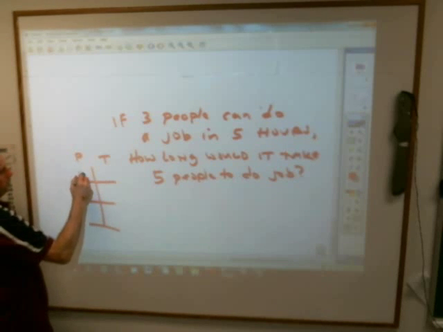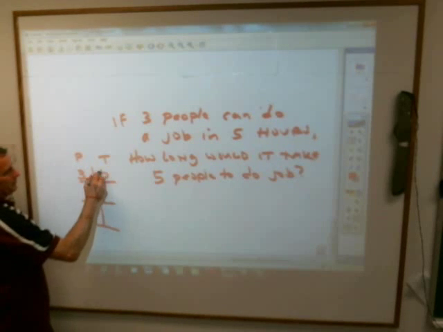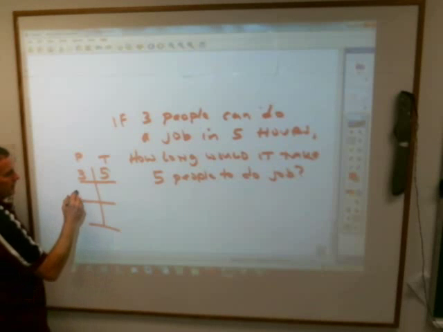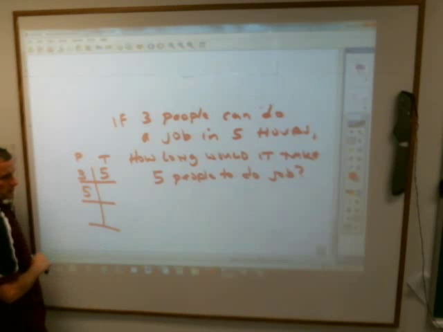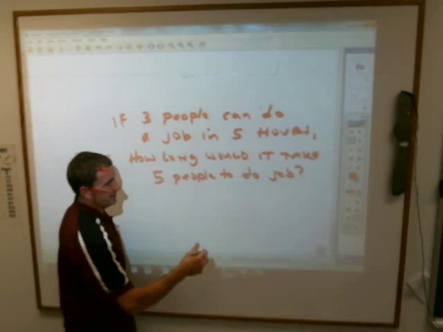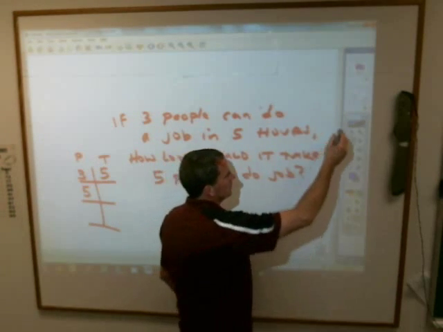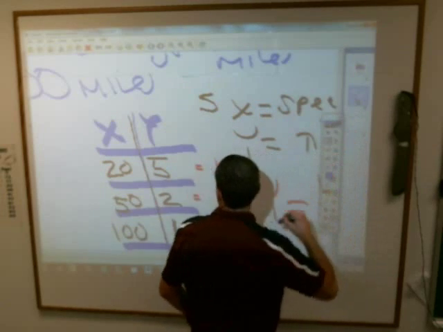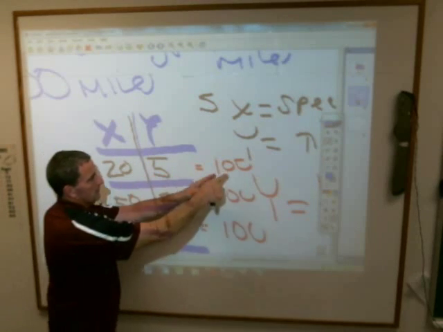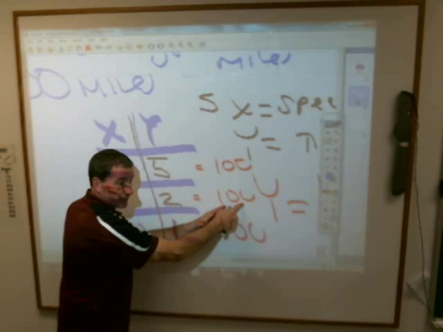You know this is number of people and this is the time. It takes 3 people 5 hours to do it. How long would it take 5 people to do it? This is all you have to think about. We just talked about this: these two numbers equal 100, and these two numbers have to equal that same thing.